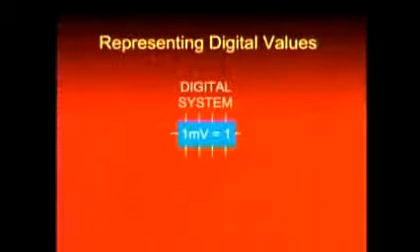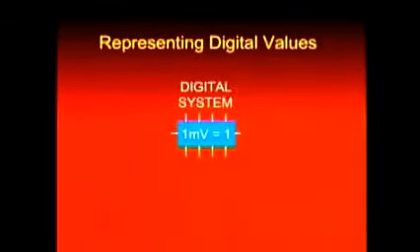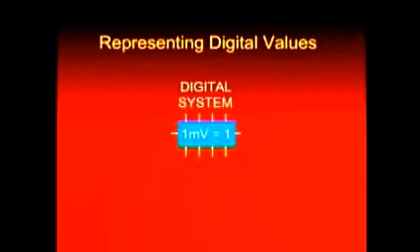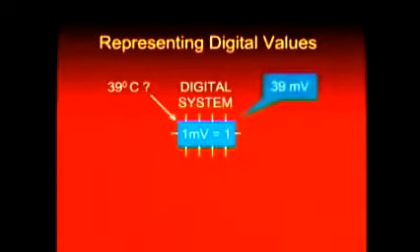Let us see. Consider a calculator, which is an example of a digital system. Let us assume that the calculator has been internally calibrated to represent the number 1 by 1 millivolt. Thus, a number or temperature value such as 39 is represented by the calculator in terms of a voltage value of 39 millivolts.